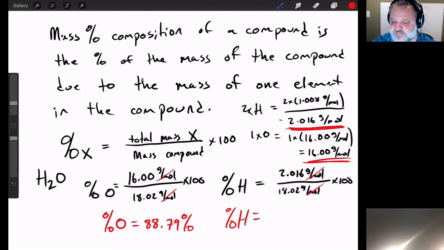We could just subtract 88.79 from 100, and we should get 11.21. Well, let's see if we actually do. Let's see. We'll take 2.016 and divide it by 18.02. And what do we get? 11.19. Did I do this wrong?